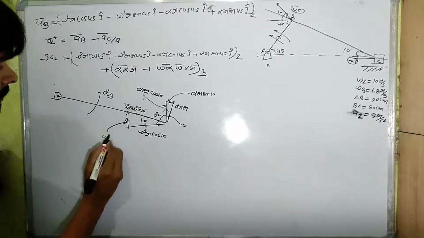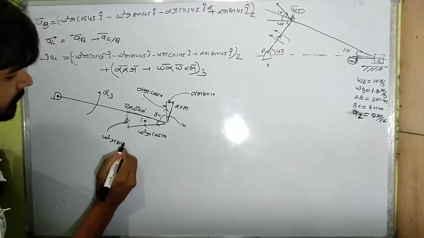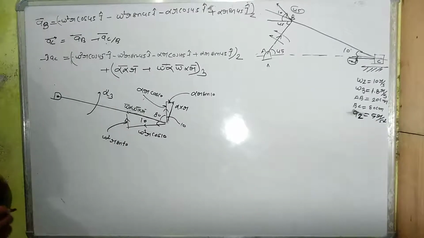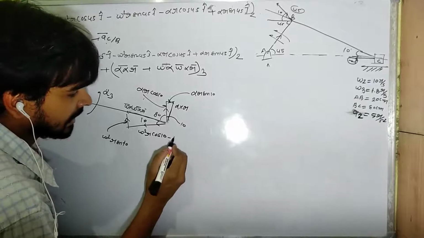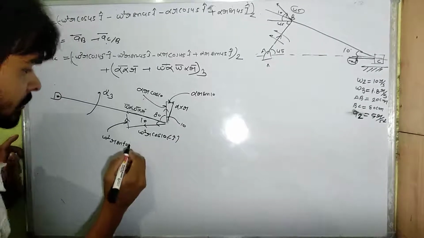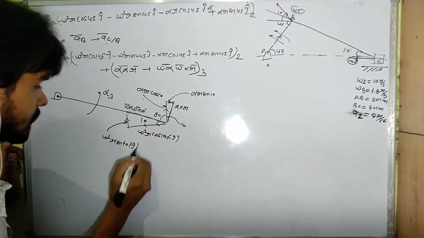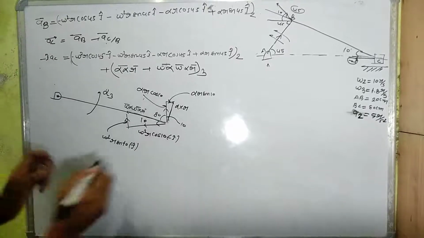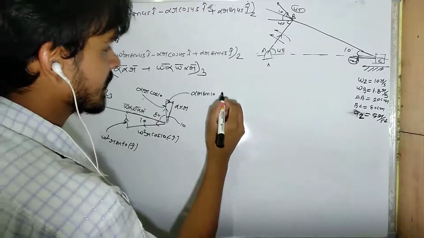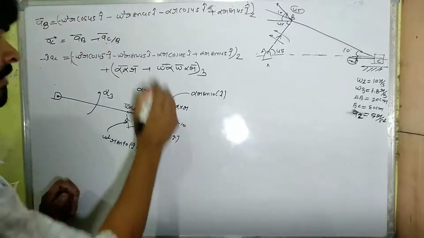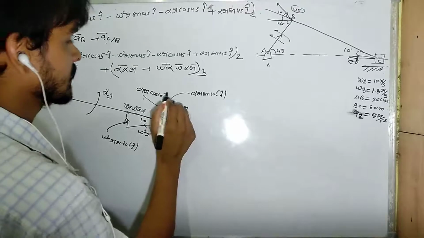This length will be omega square r sin 10. Am I right? Now this will be minus i cap, this will be plus j cap, and this will be minus i cap and this will be plus j cap.